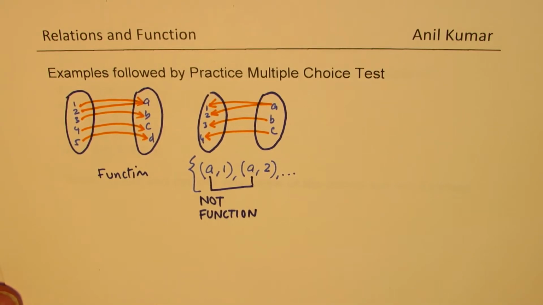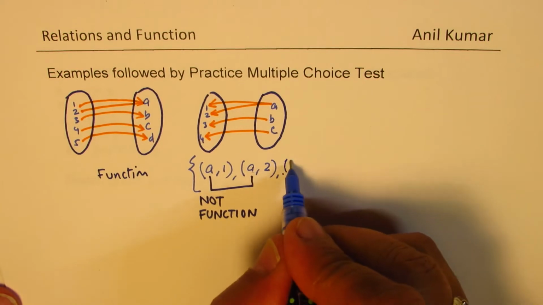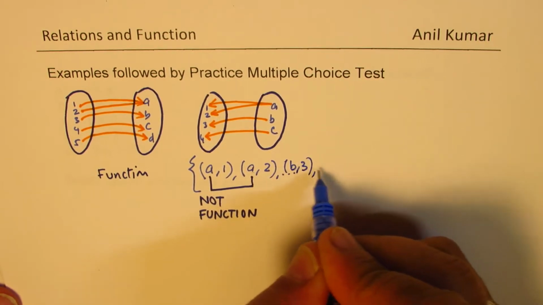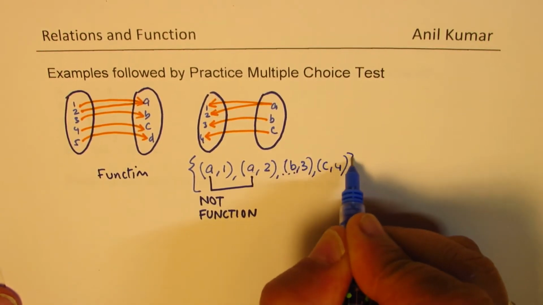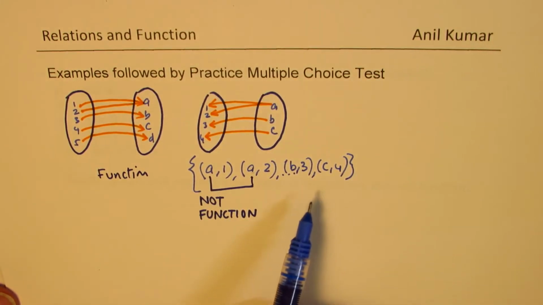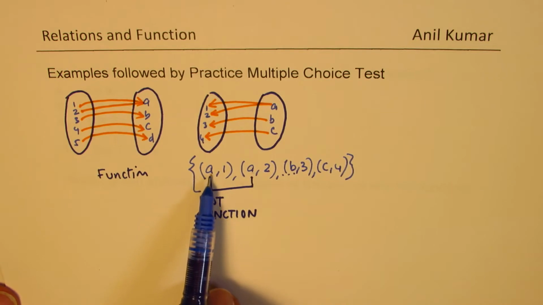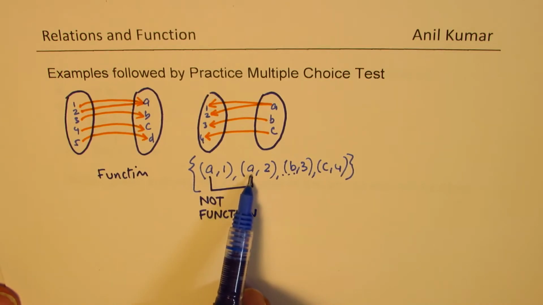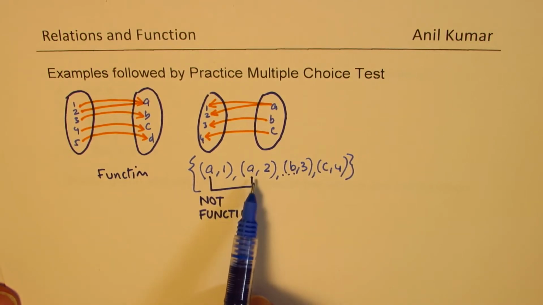You understand, right? The other points, of course, you could write here as B3 and you could write C4, right? So if I write it in the set form, in that case you find that A repeats, right? So if A repeats, then it is not a function, correct?